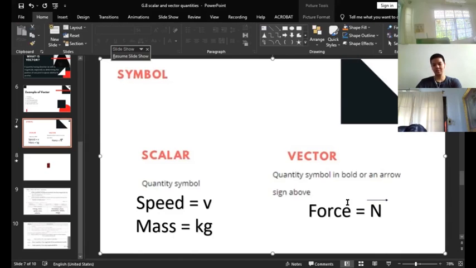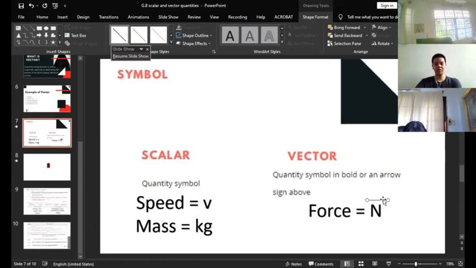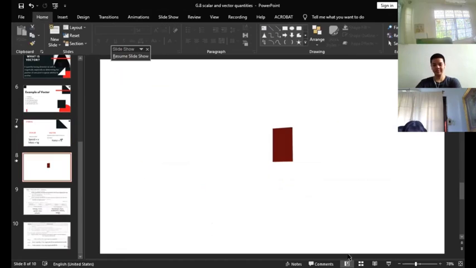For force, we have Newton, and of course, don't forget about the arrow sign above. Because if you are just going to write Newton or N, that means it's not a vector. It's not going to complete the symbol. So don't forget to put the arrow sign above. Okay, everyone, understand?